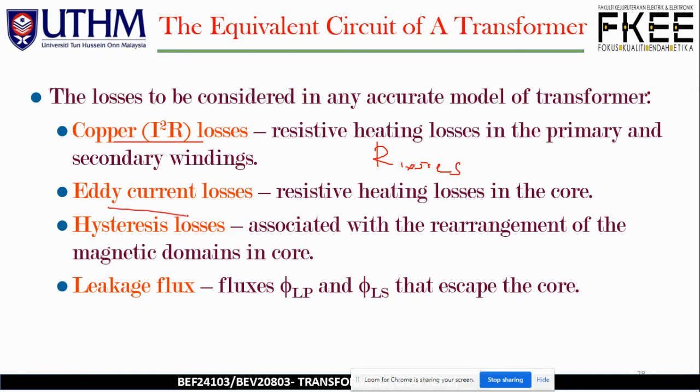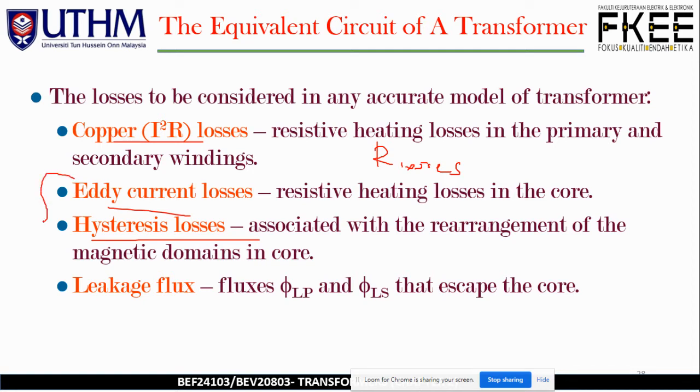And then the second one is eddy current losses. This is the resistive heating loss in the core due to the complex or nonlinear function of the voltage applied to the transformer. Similarly, the hysteresis losses are associated with the rearrangement of the magnetic domains in the core.